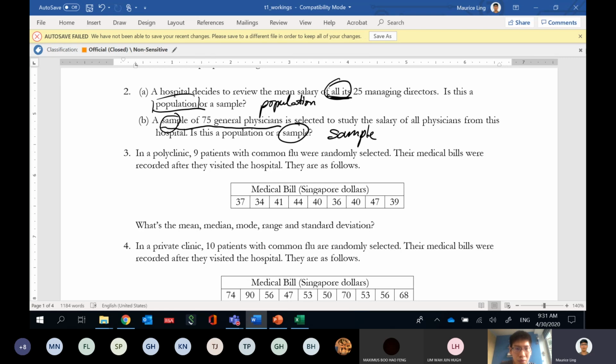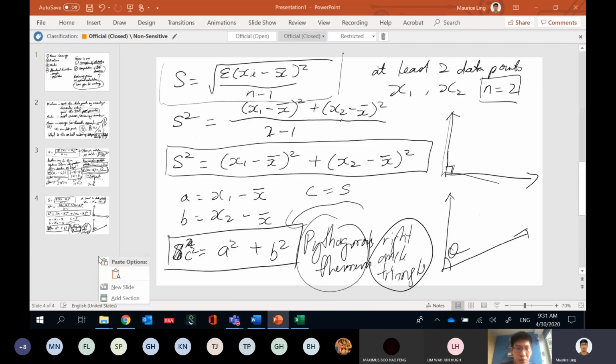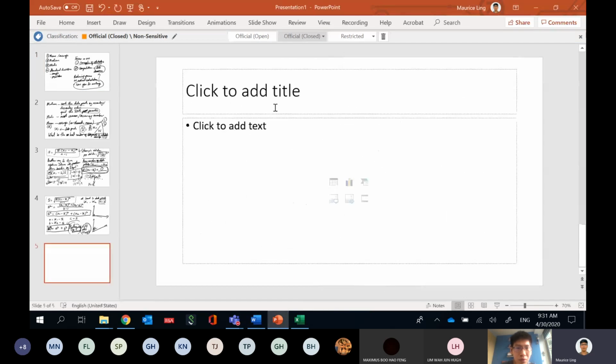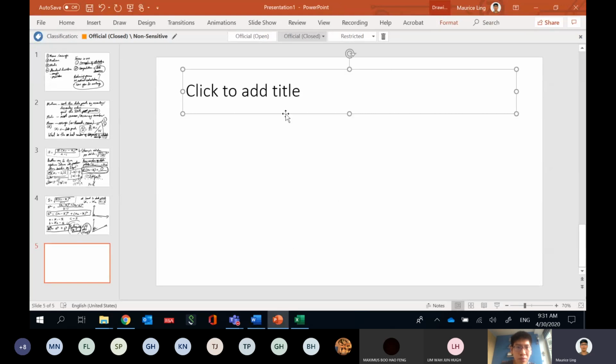Is anyone still confused with the concept of sample and population? Today is Thursday already, so later you are supposed to view the second video. I will explain this in either the second or third video. What is the difference between sample, population, and so on? Okay, I might as well just scribble here.